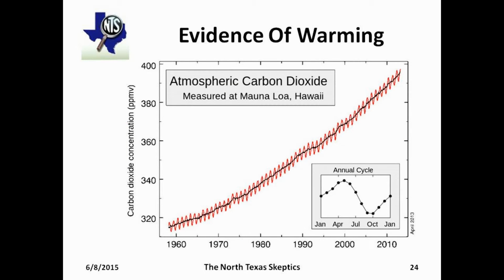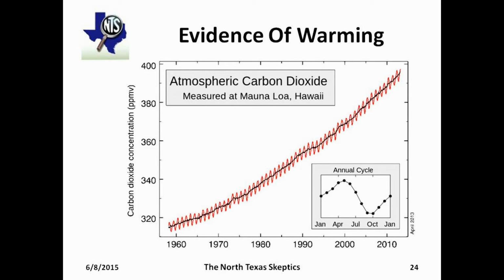Here's the Keeling curve. It shows the concentration of carbon dioxide in the atmosphere since 1959. The small variations are the yearly variations due to plant growth in the northern hemisphere. The black line is the yearly trend. Notice that no natural phenomenon is shown here.